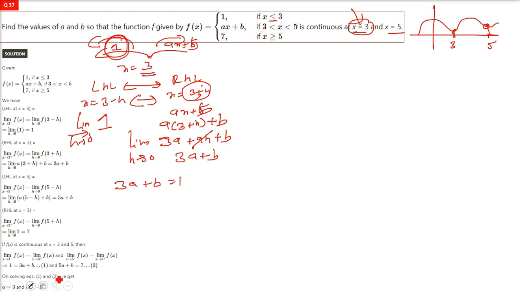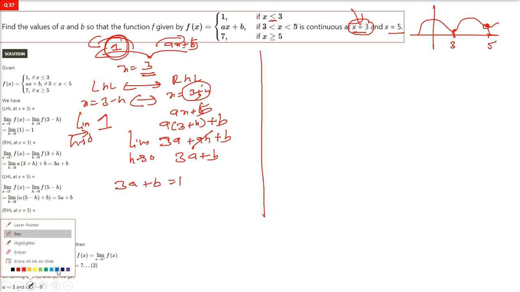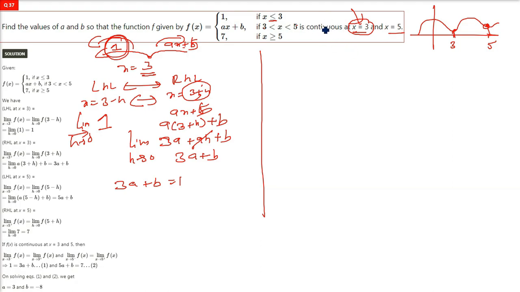Since it is declared continuous at x equals 3 and x equals 5, we'll do it for x equals 5. Left hand limit, right hand limit. If you go back, it will be ax plus b. If you move forward, there is only a constant, no x, so just place it as 7.